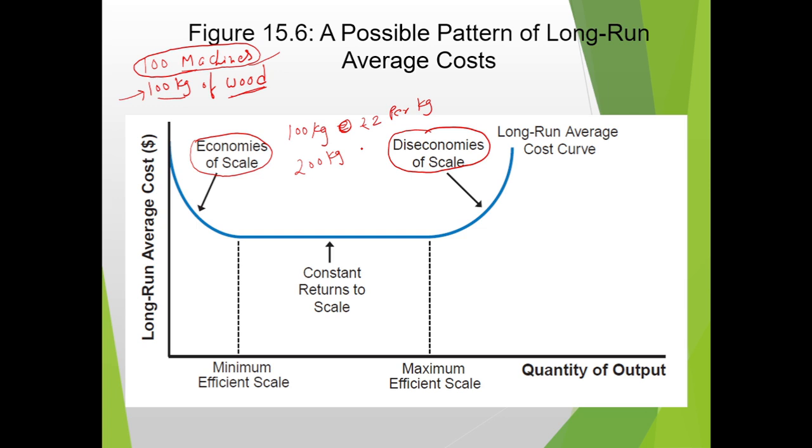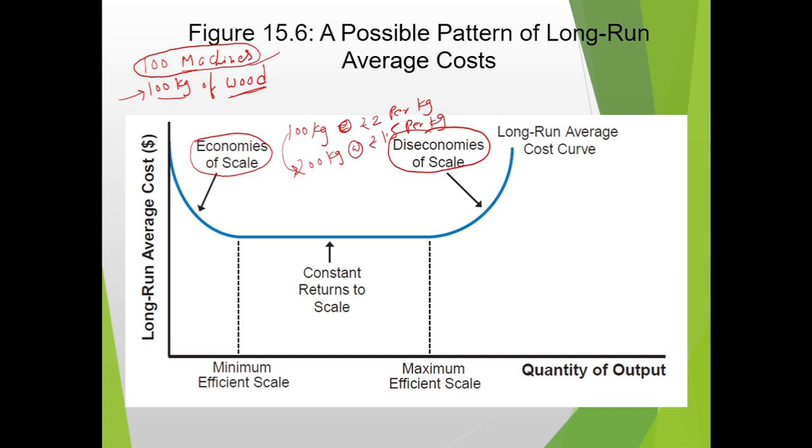Now, because your purchase quantity has doubled, the vendor may give it to you at 1.5 rupees per kg. So this is an example of economies of scale.